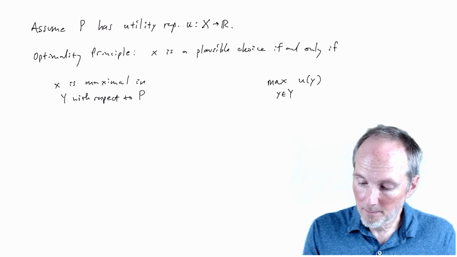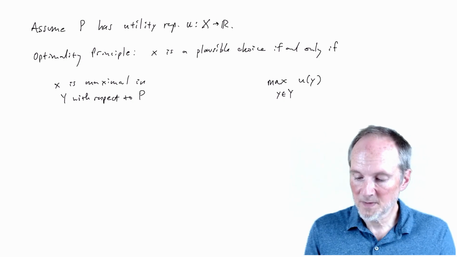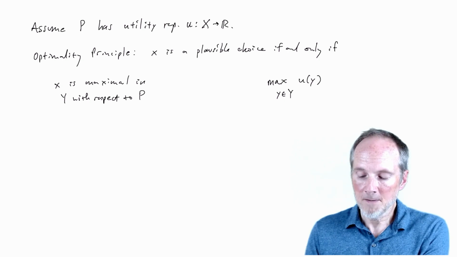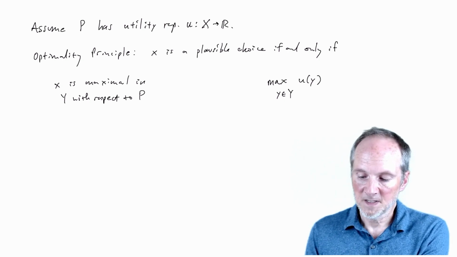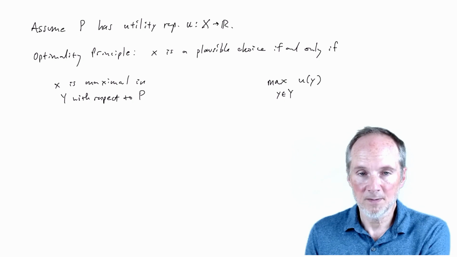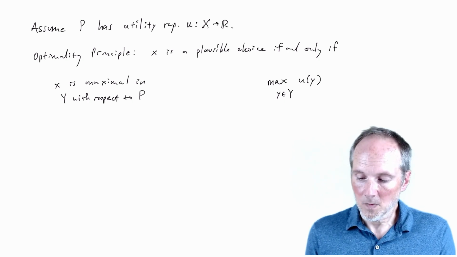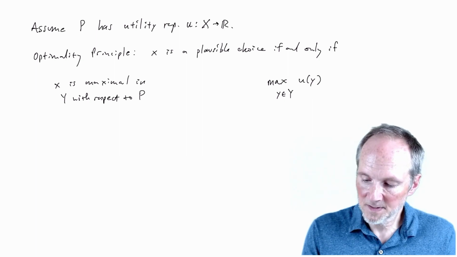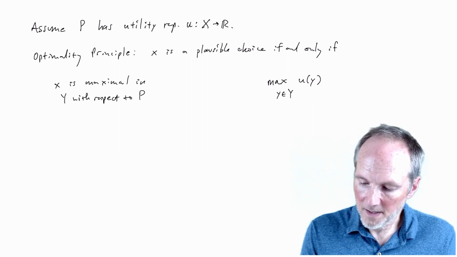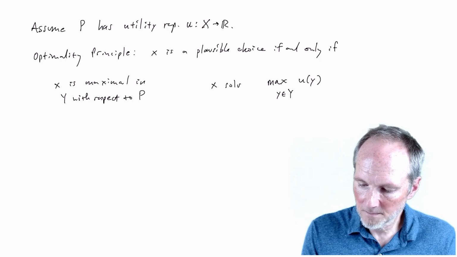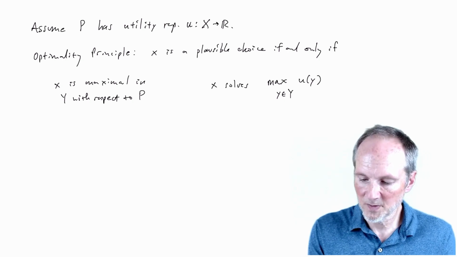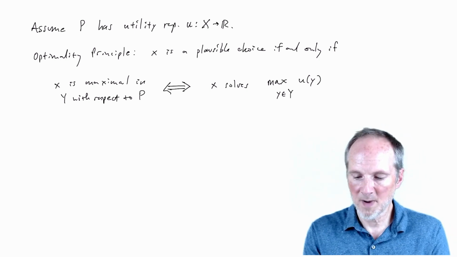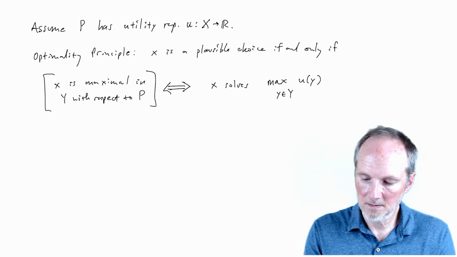We're going to restrict the maximization to this feasible set. So this is the problem of finding the alternatives in the feasible set that give the highest utility possible. Saying X is maximal is the same thing as saying that X solves this utility maximization problem. Those are the same things. In other words, we can write a biconditional between these two statements.